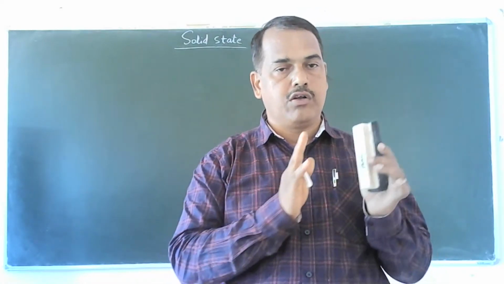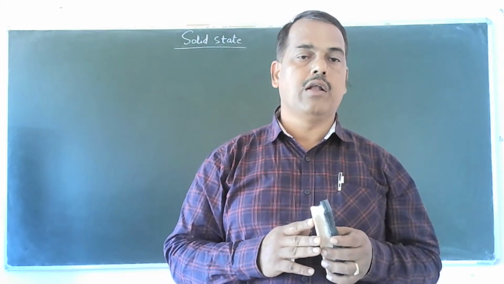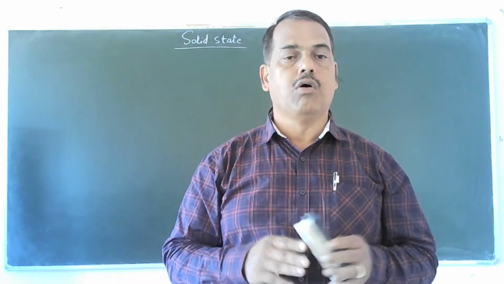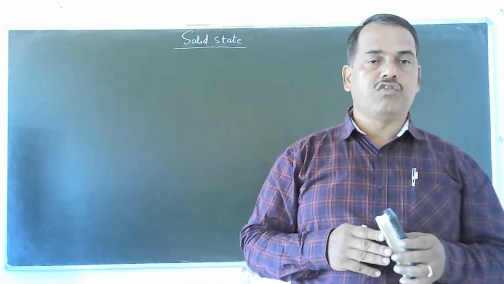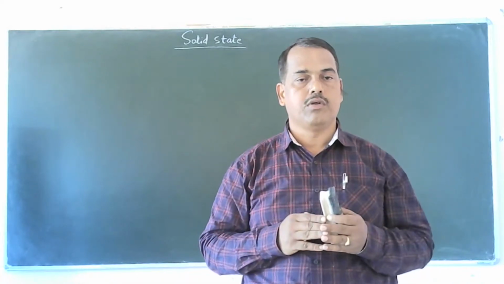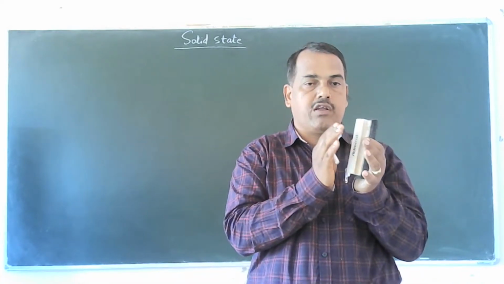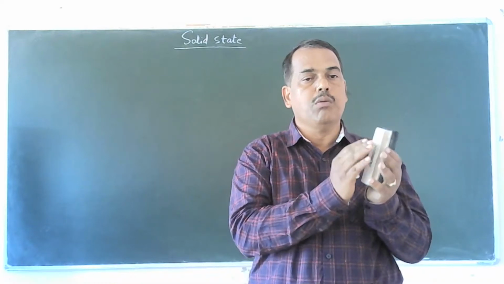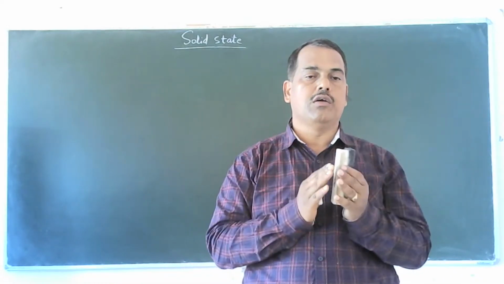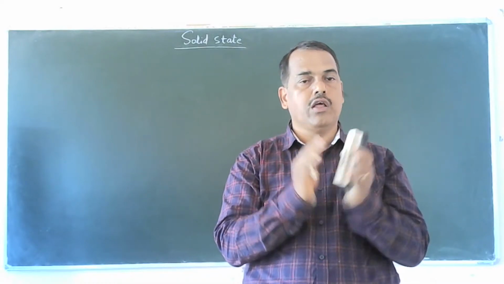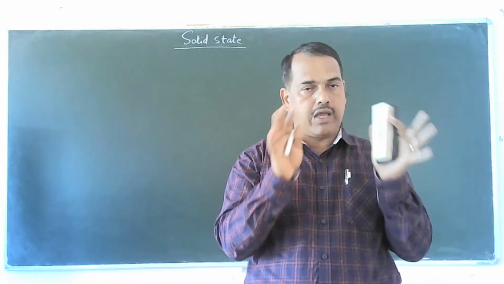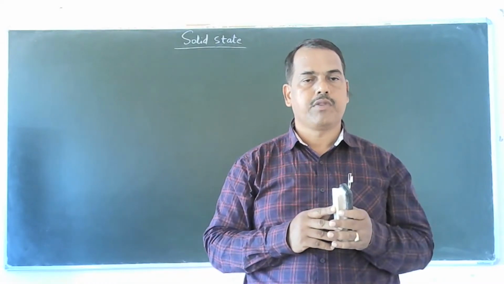So today we shall begin with some introduction about solids and different types of solids. Are you clear? Okay. See, in solids, the particles are held close to each other. They have a strong electrostatic force of attraction, which is nothing but Coulombic force. Those solid particles are arranged in a regular pattern, so the voids or the gaps are very small.